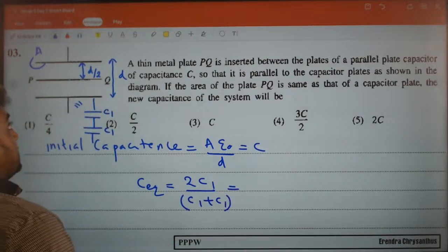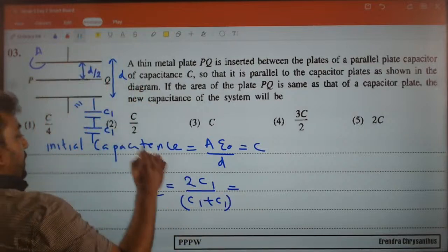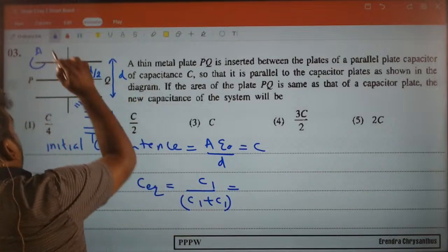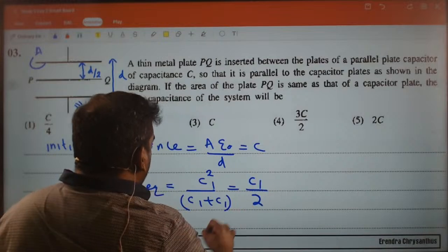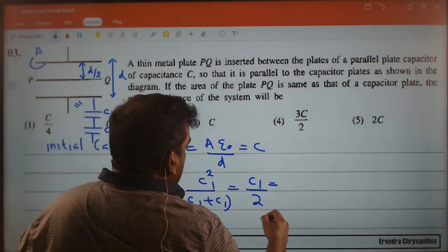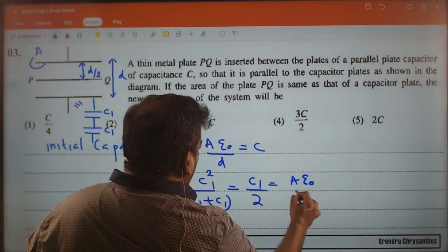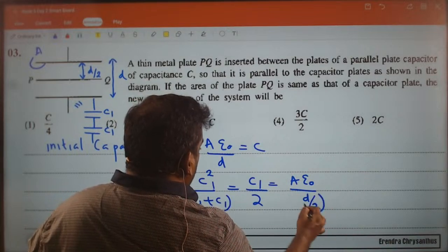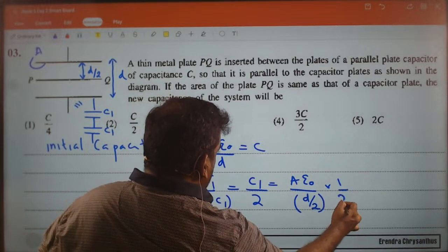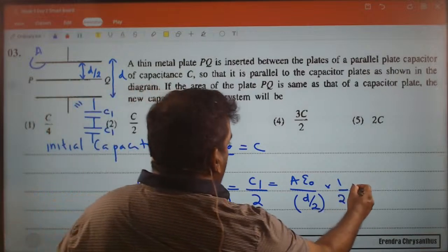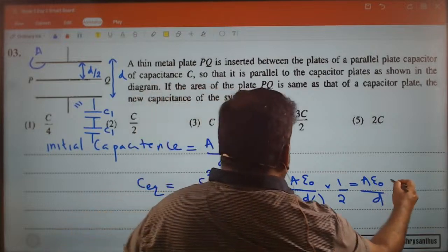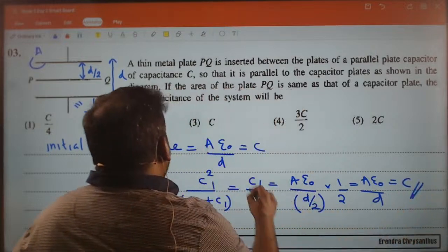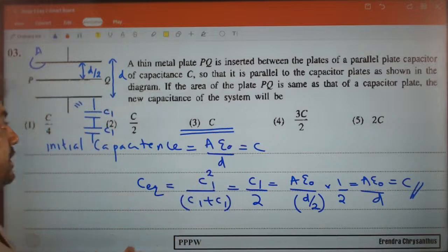You will get C1 divided by 2. C1 is Aε₀, area is the same, distance is d over 2, times half. 2 and 2 cancel off, Aε₀/d. What can you say? Aε₀/d is equal to C. So equivalent capacitance also is equal to C.